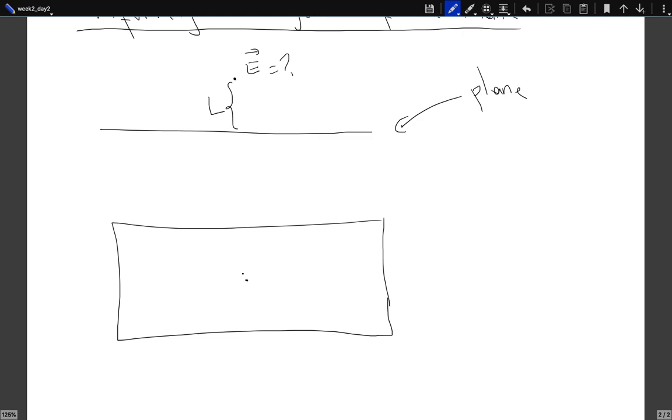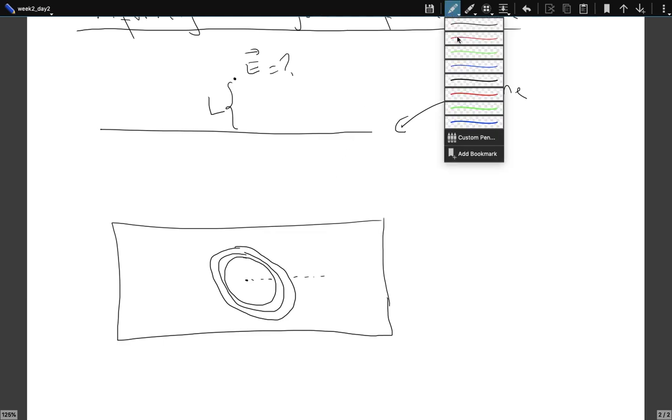Now, as I mentioned before, what we will do is I will just imagine this infinite plane to be a collection of many rings. Now let me just pick up one of the rings, an arbitrary one.